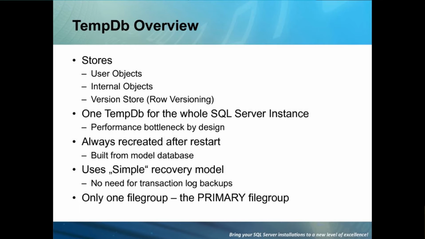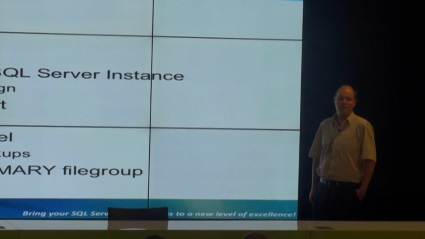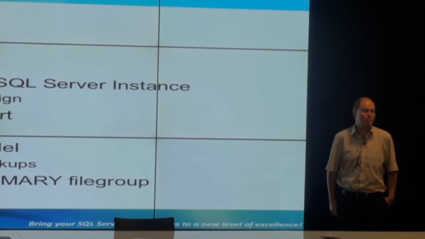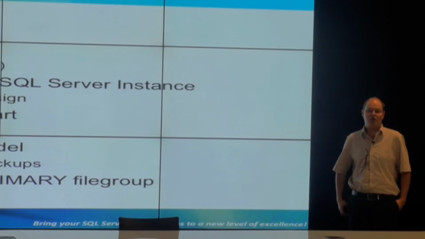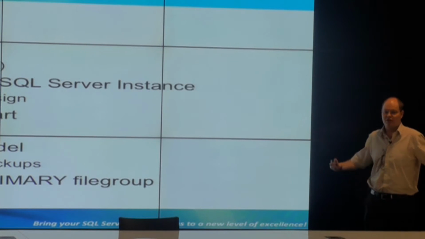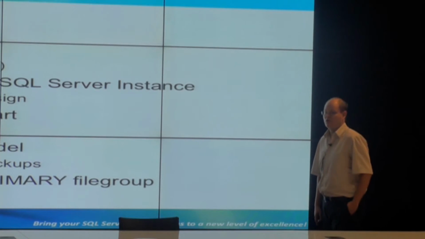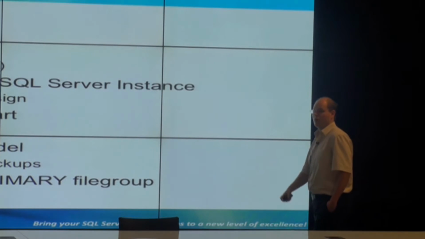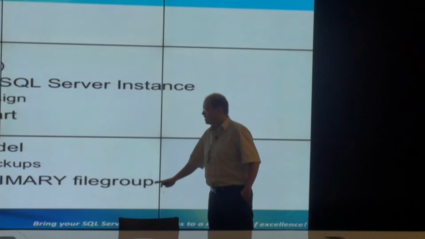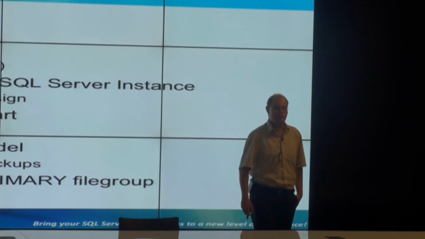TempDb itself is using the recovery model simple, means we don't need transaction log backups. Doesn't matter, because when SQL Server crashes, nothing happens, because as we have said, TempDb is just recreated during startup. And finally, we have just one file group, the primary file group within TempDb.